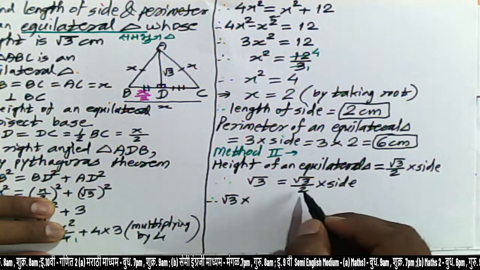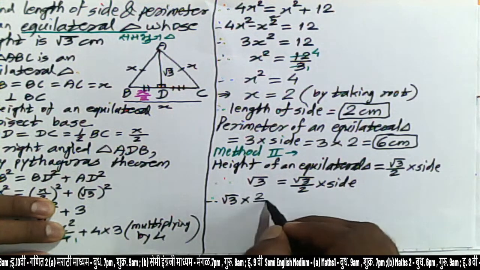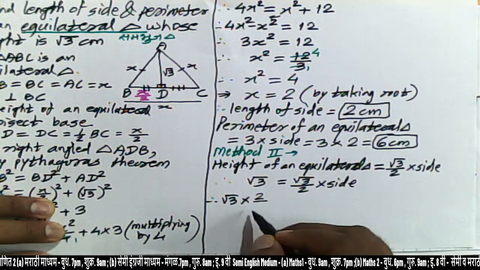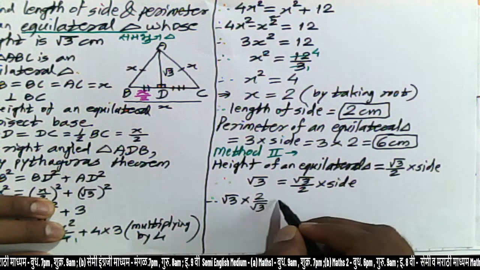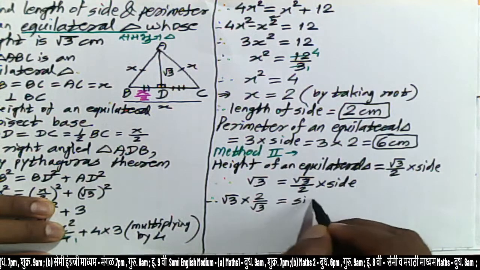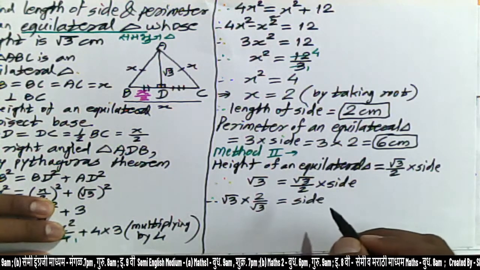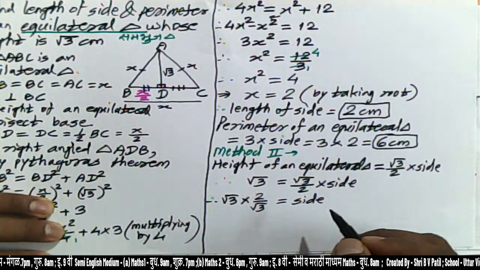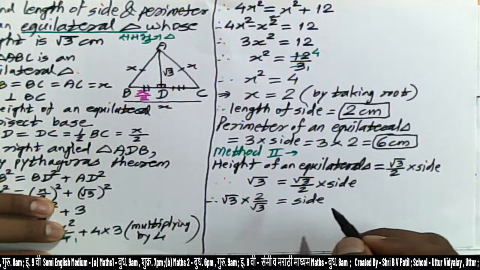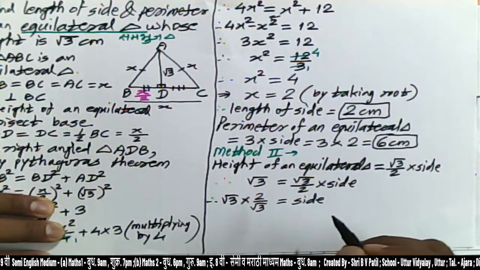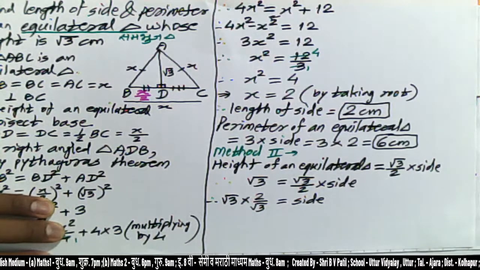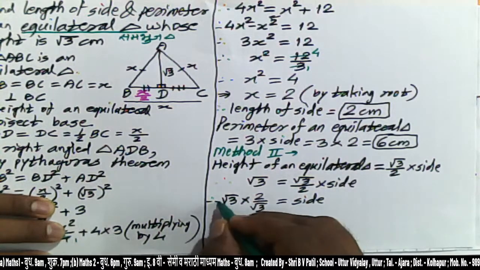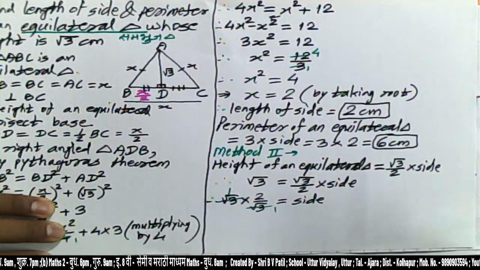To divide, here multiply, root 3 multiply, here divide, and side remaining. Then root 3 gets cancelled.